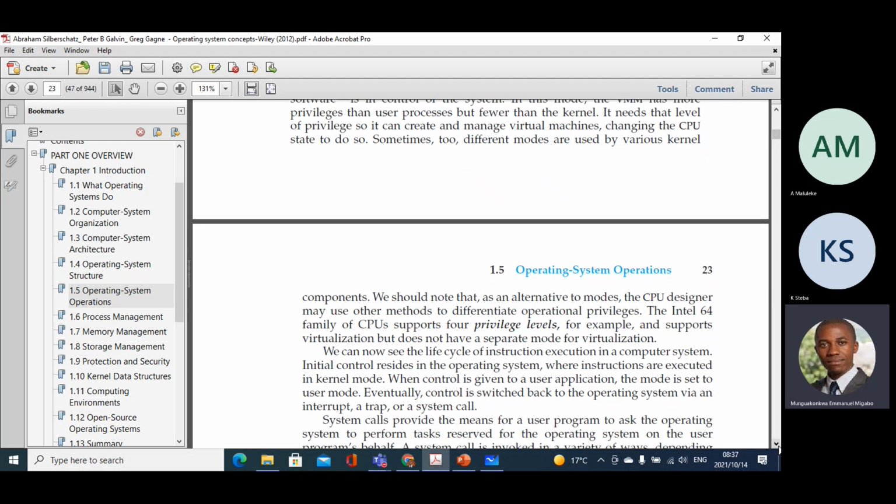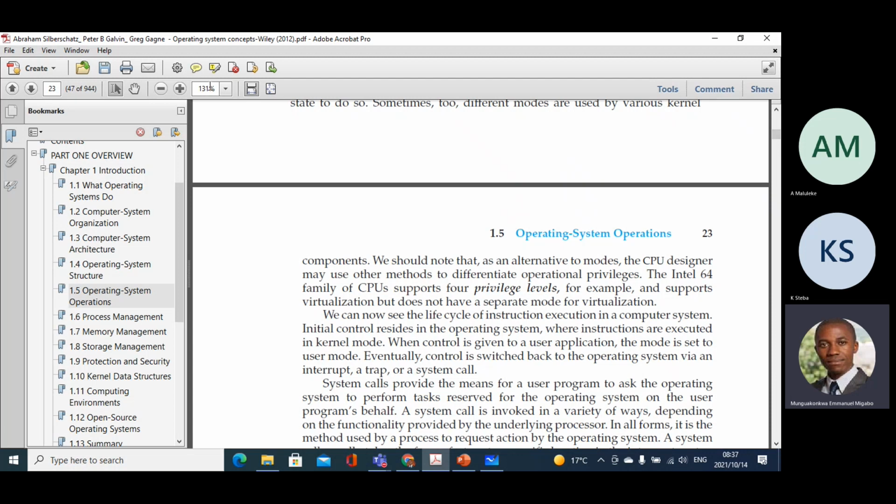What do we call system calls? System calls refer to instructions that are issued by the operating system for the CPU to execute. System calls are intermediate calls or instructions generated by the operating system on request by a user application.